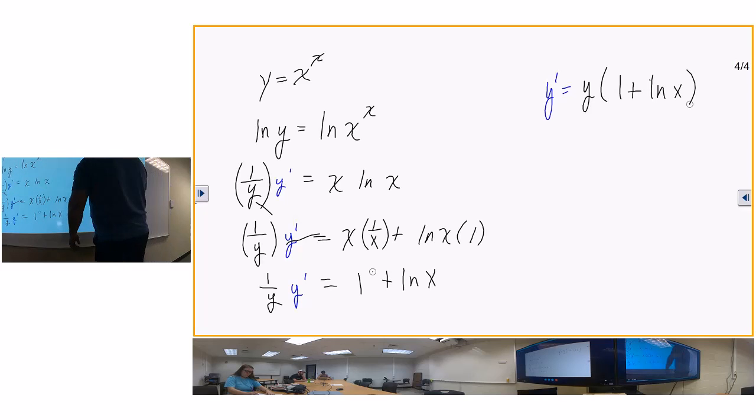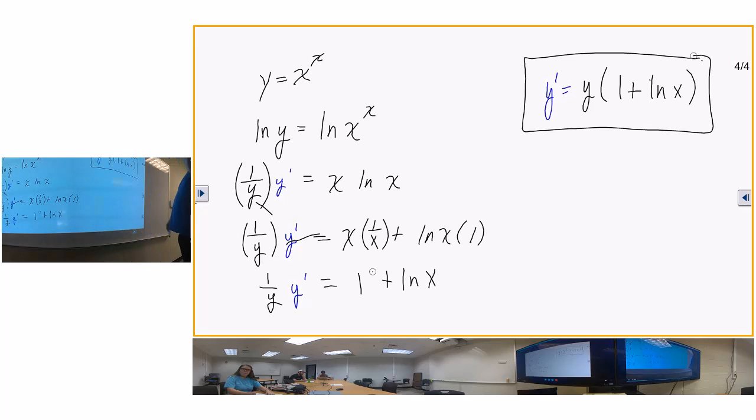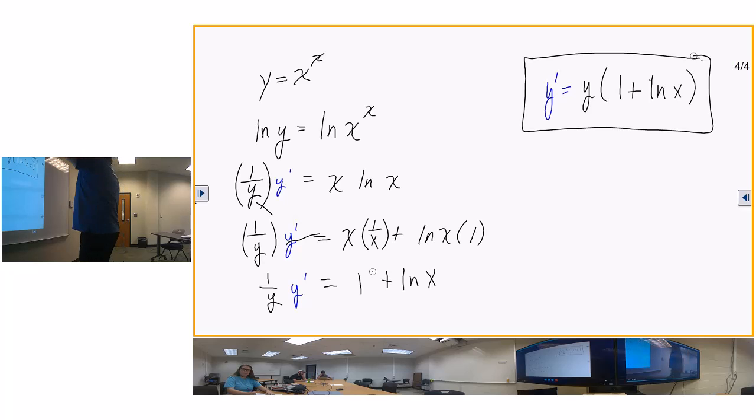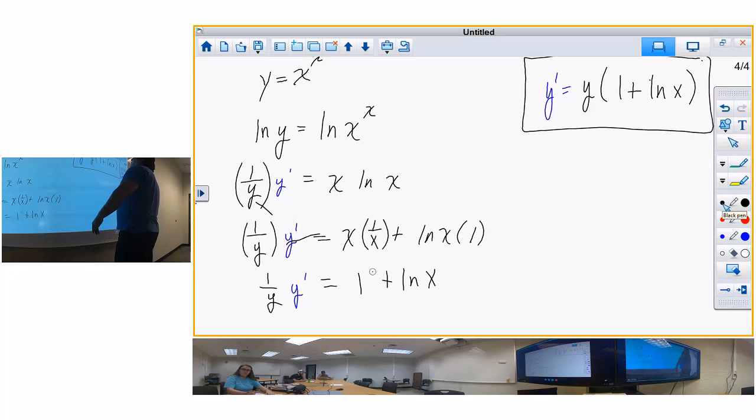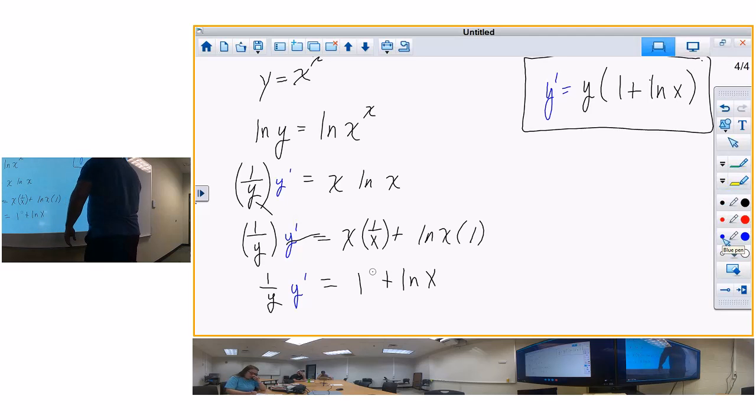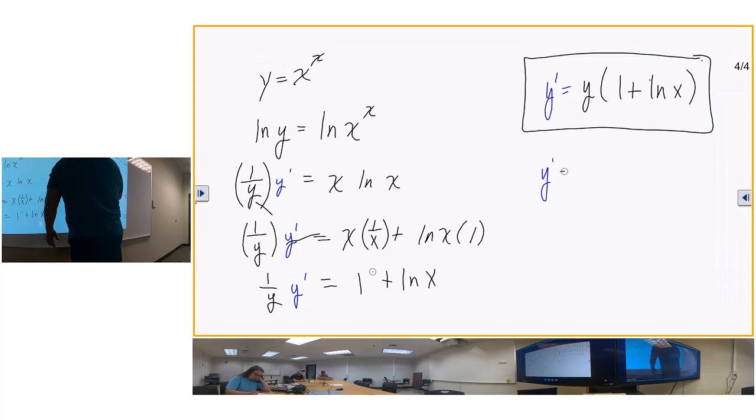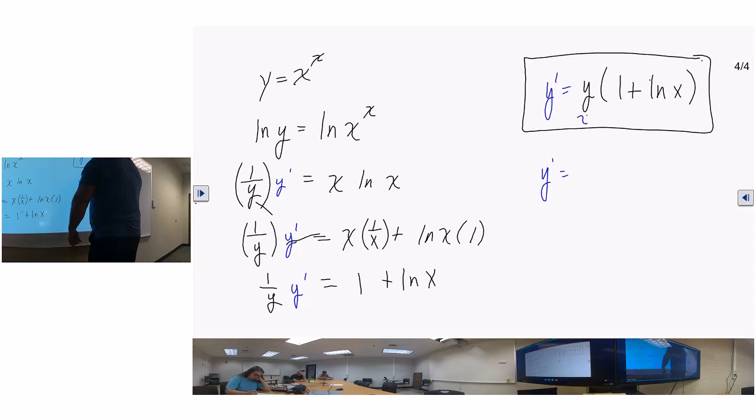And then that's going to give you y prime, and you can distribute. I'm not going to distribute it. But you could plug the x to the x back in if you wanted to, and you could do that with the other also. Y prime is equal to, and I'm going to plug in x to the x right here.